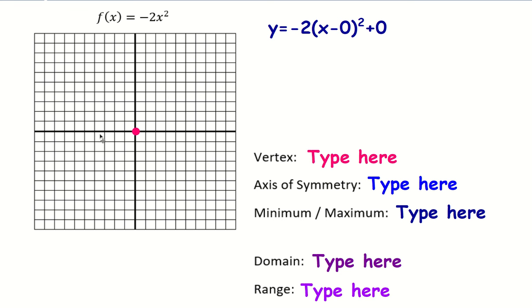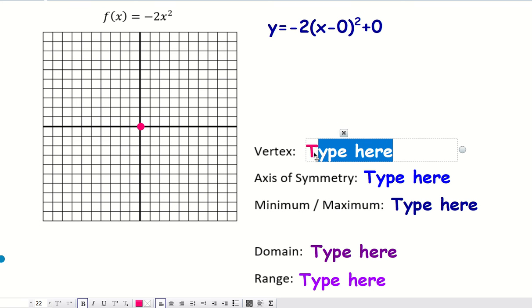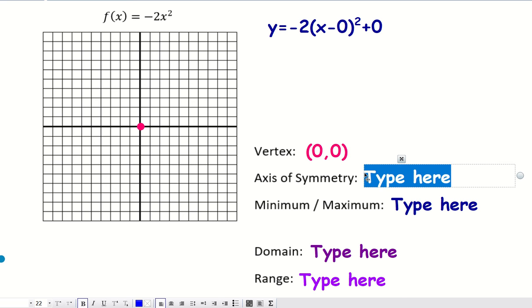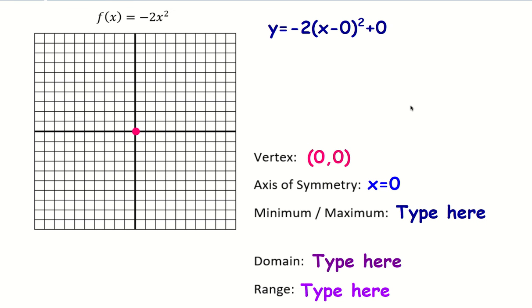But now look, the reason this graph would be different from just y equals x squared is it's got this negative 2 out in front. Before I talk about that, it looks like our vertex would be 0, 0, which means our axis of symmetry would just be x equals 0.